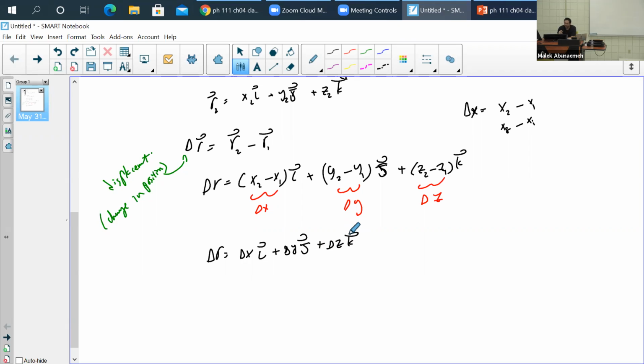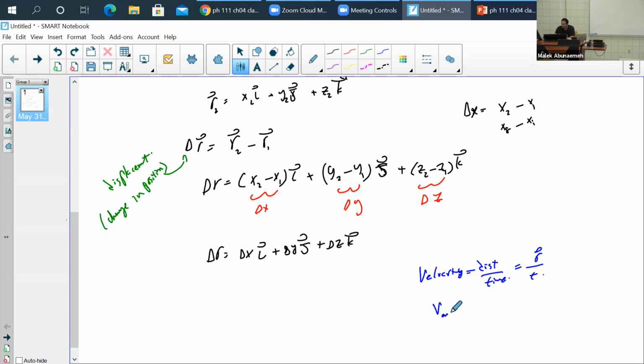Now we defined the velocity, which is v average, the average velocity. Let's do this: the velocity as distance over time. In our case, that r vector is our distance, divided by your time.